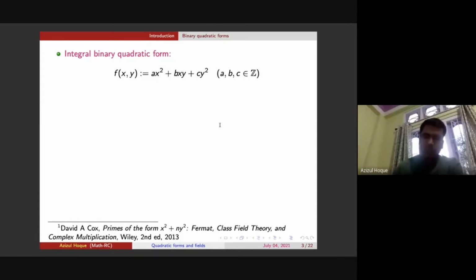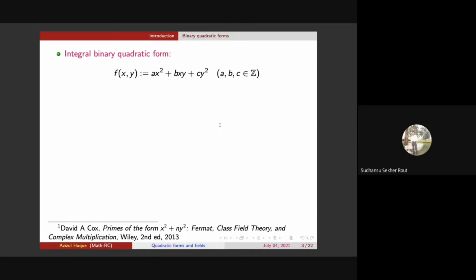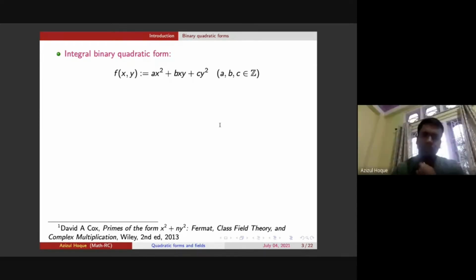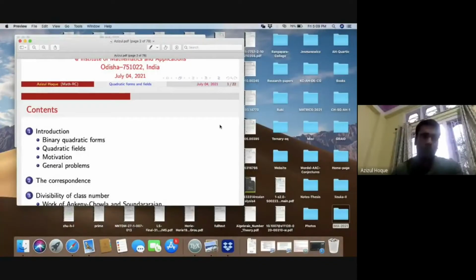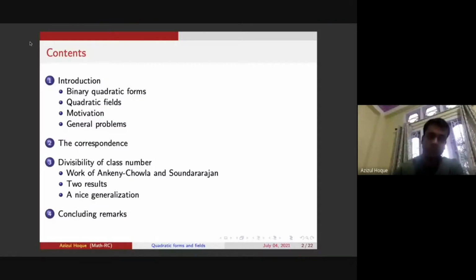Basically, the set of all binary quadratic forms over the integers forms a lattice in the two-dimensional representation of SL2Z.